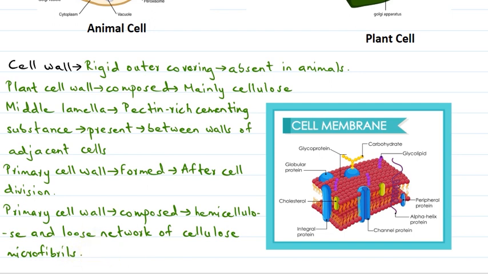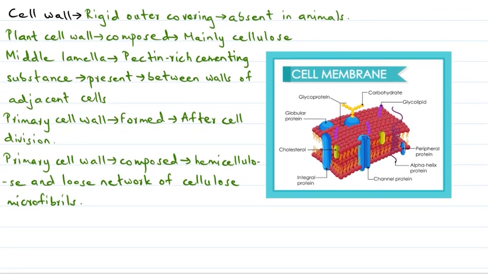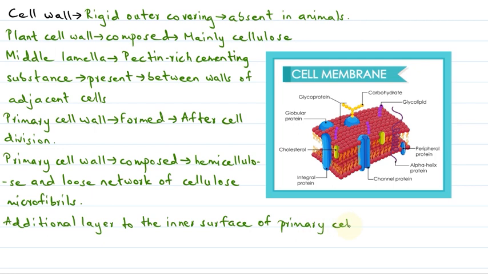In some types of cells there is an additional layer present on the inner surface of the primary cell wall.